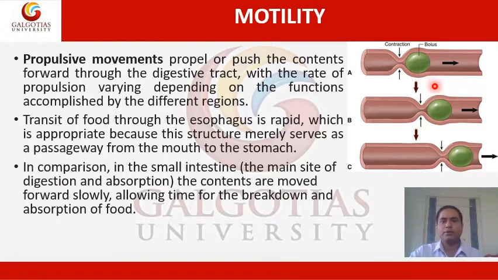Transit of food through the esophagus is rapid, which is appropriate because this structure merely serves as a passageway from the mouth to the stomach. In comparison, in the small intestine, which is the main site of digestion and absorption, the contents are moved forward slowly, allowing time for the breakdown and absorption of the food.